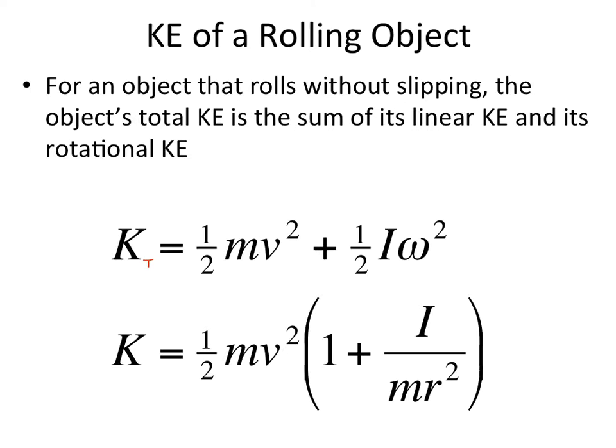But it means kinetic energy total, which is the sum of rotational kinetic energy, K sub R, which we calculated just this chapter, and also KL, that is in a straight line, linear kinetic energy. And this you know from previous chapters, that's 1/2 mv squared.